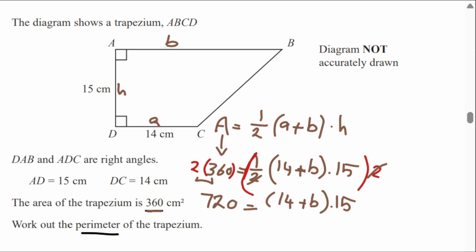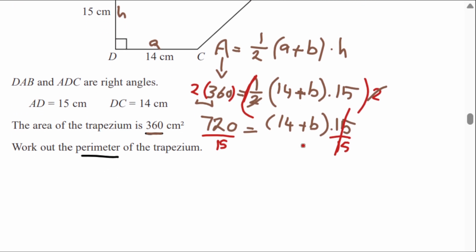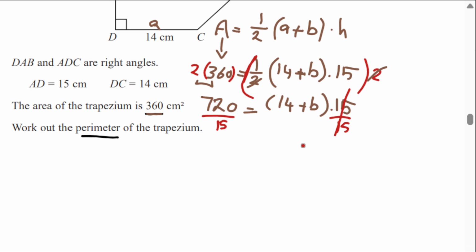This is very good. Now what I will do is I'll divide by 15 here, and I will divide by 15 here. Why? To cancel this 15. So I will have 720 divided by 15. I think that's 48, but let me check the calculator. 720 divided by 15. Yeah.